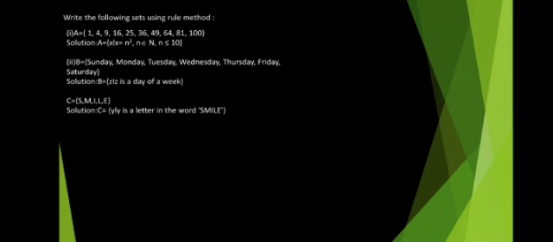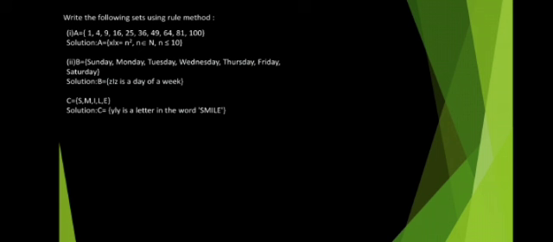Second, set B = {Sunday, Monday, Tuesday, Wednesday, Thursday, Friday, Saturday}. We can say these are all the days of a week. So we write B = {Z such that Z is a day of a week}.